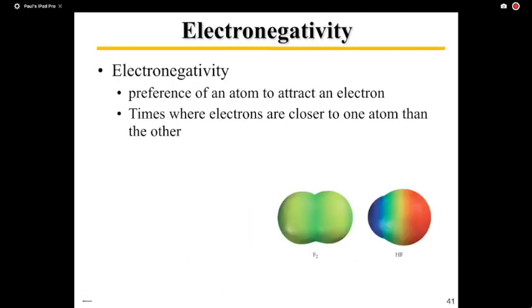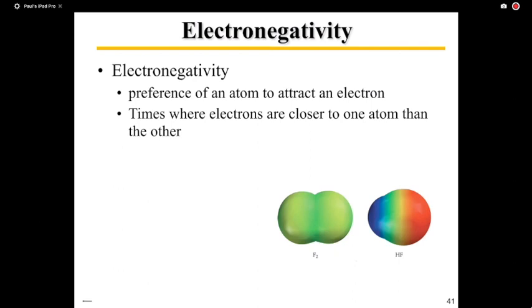All right, another trend, which is a trend that we will use forever. It's going to have ramifications for a lot of things that we talk about from this point on. I referenced electronegativity in Biochem 3. Okay, so this is a trend that you really need to know. Electronegativity is a preference of an atom to attract an electron.